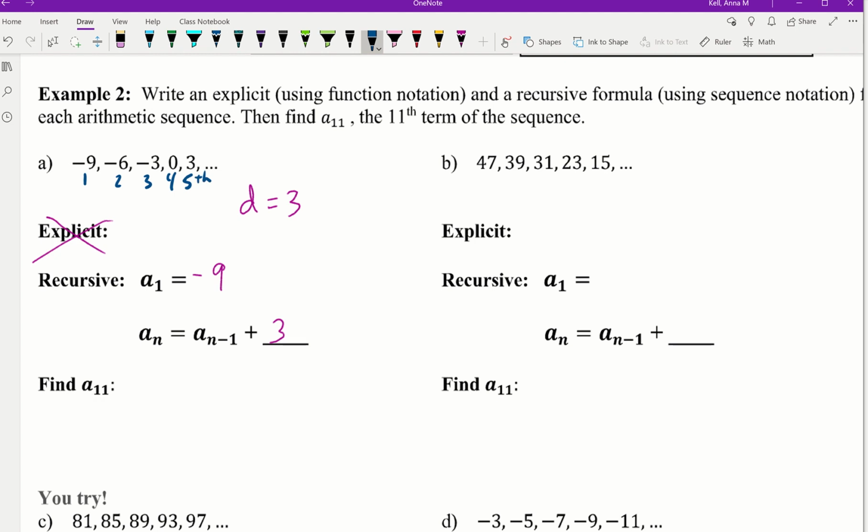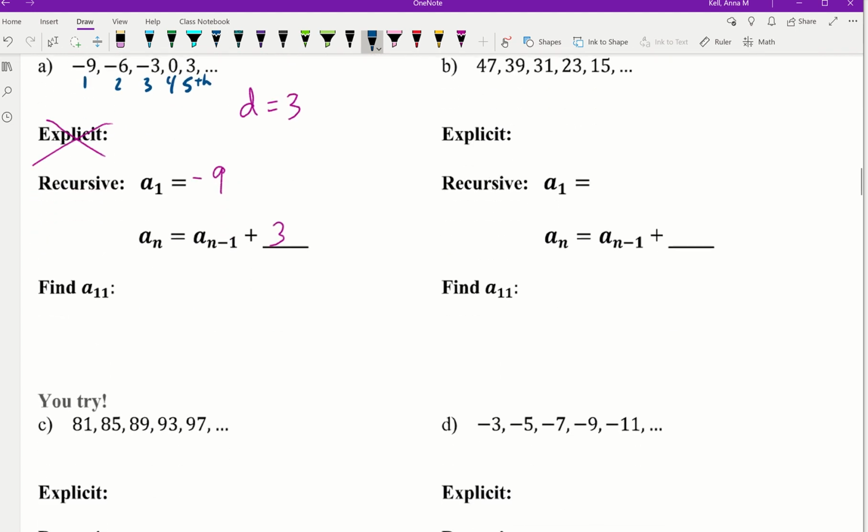If I want to find A of 11, the 11th entry, that means my 11th entry is going to be equal to A of 11 minus 1, or 10, A of 10 plus 3. Well, so now I need to figure out what A of 10 is. A of 10 is going to be equal to A of 9 plus 3. And then A of 9 is going to be equal to A of 8 plus 3. And I'm going to keep going over here.